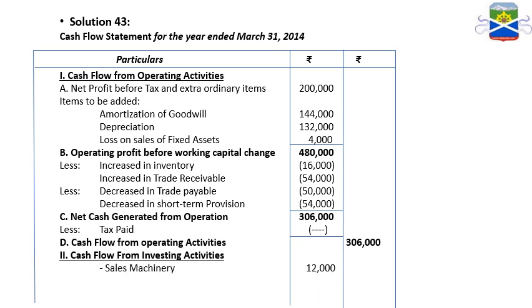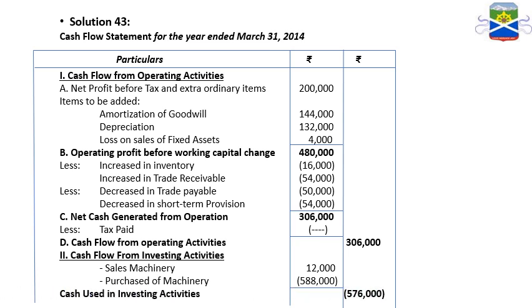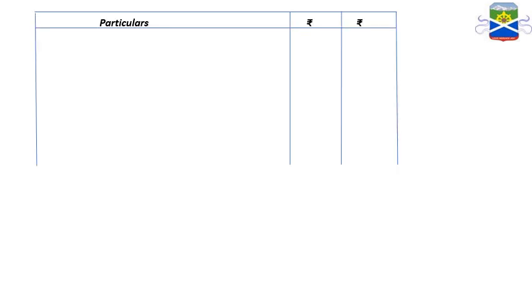We have sales of machinery 12,000, as per the workings where we prepared the machinery account, and purchase of machinery 5,88,000. That gives a negative figure, cash used in investing activity, 5,76,000, so that is a minus figure.